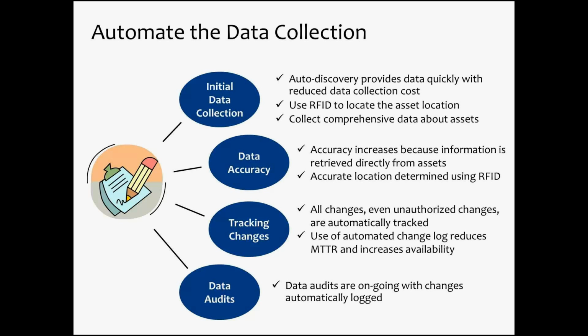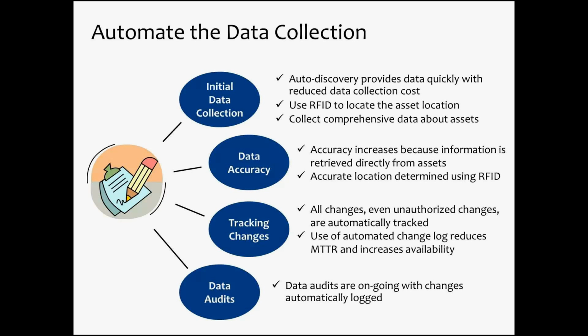The second part, and John's going to address this in a couple of minutes, is RFID. It's really, really important to locate this asset, right? So tying those two together, RFID and auto discovery, eliminates almost all of the manual data collection process. And it buys us some other benefits going forward. Our data accuracy increases.